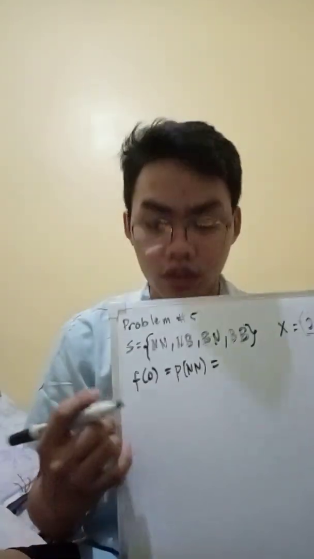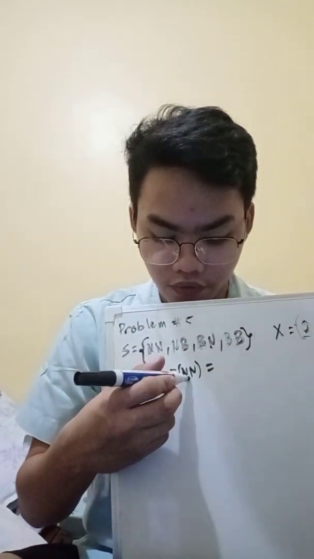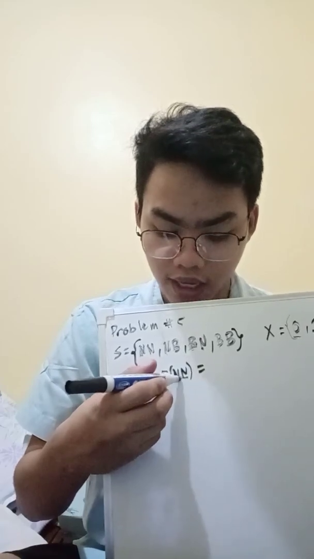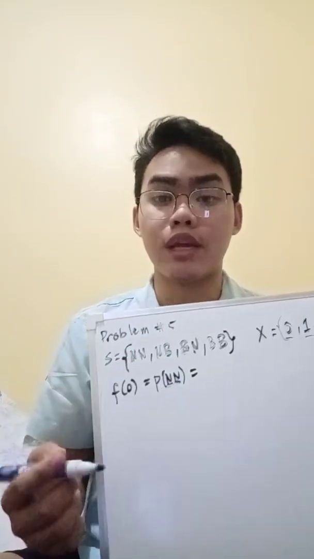Since we draw without replacement, we will apply the AND principle here: in our first draw, we will get N, and for our second draw, we will get N. So N and N.